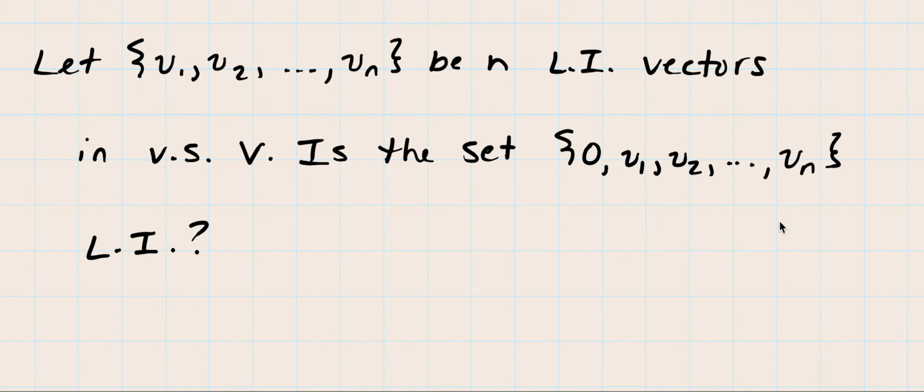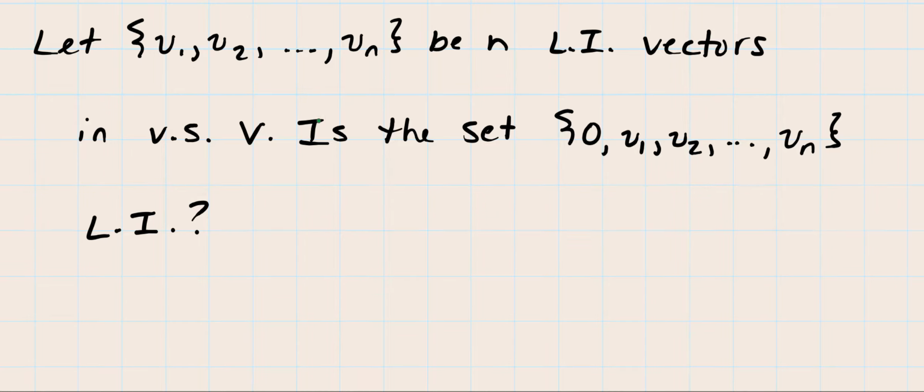Let's extend this. Suppose we have n vectors, v1, v2 through vn, and they're linearly independent. So I'm telling you these vectors are linearly independent. If I add the 0 vector to this set, is this set still linearly independent? So think about that for a second. Pause the video.